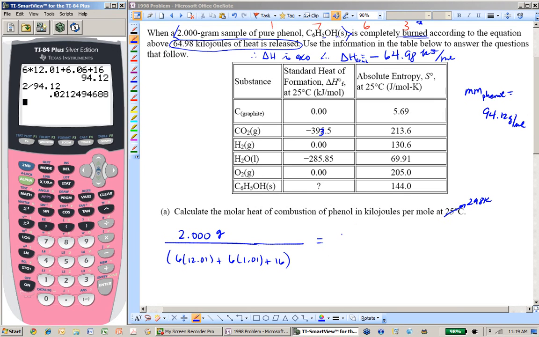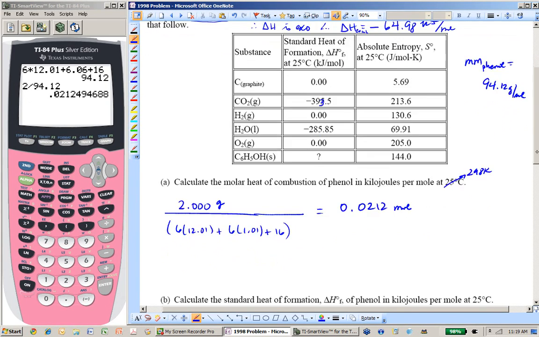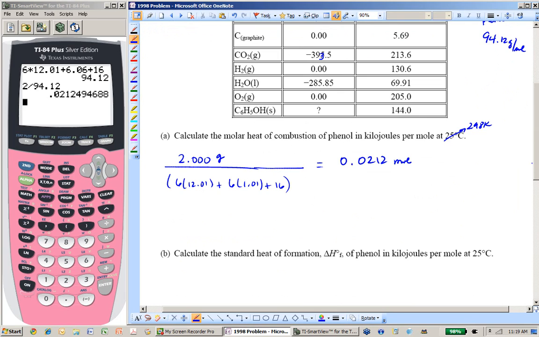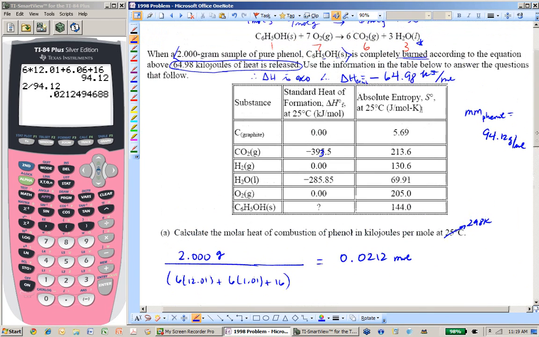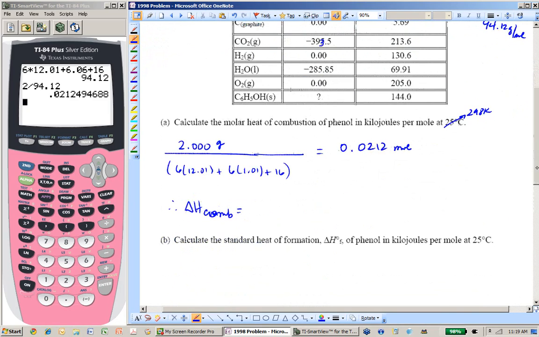So I have 0.0212 moles of phenol. That was actually worth a point doing that calculation. It's always good to show that. Therefore, the delta H of combustion is equal to the 64.98 that they gave me, kilojoules per mole, divided by the fact I only had 0.0212 measly moles.